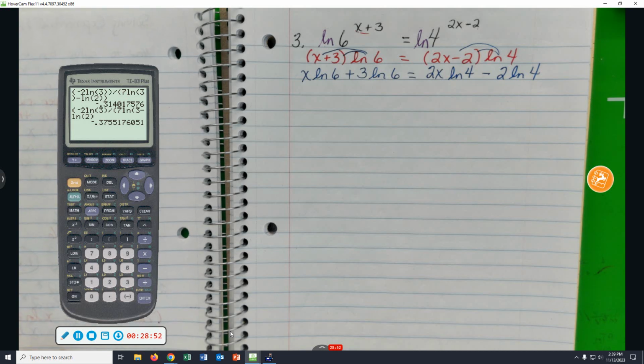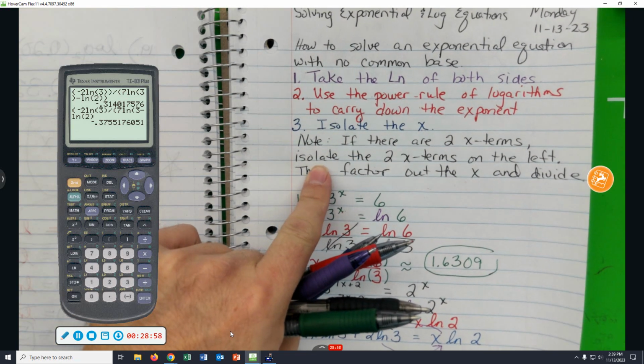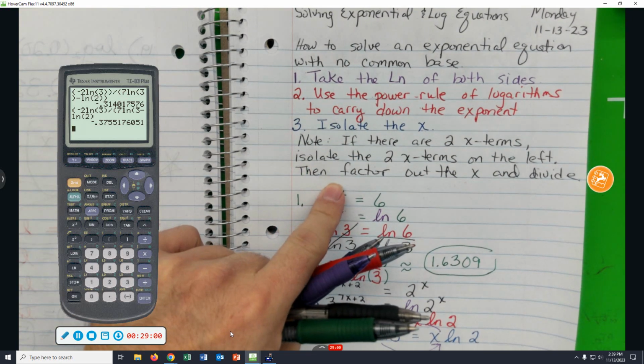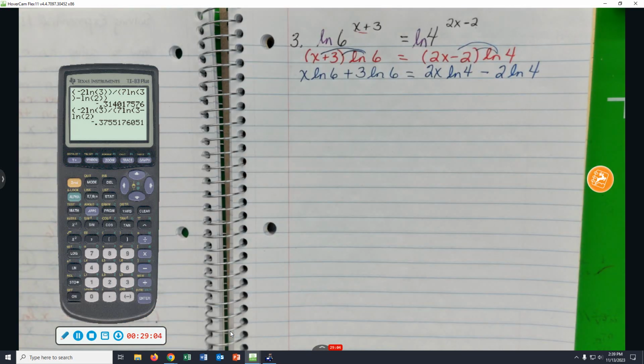This is one of those where you have to do what the little note says. If there's 2 x terms, isolate the x terms on the left and factor out the x and divide. So I've got to isolate the x terms, so how am I going to move this stuff around?